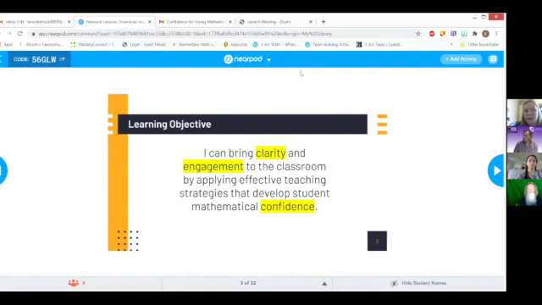Clarity: we want to bring clear and concise learning targets to our students. We want them to be engaged so that they feel that they are learning something meaningful. And then we want to build that confidence. And the effective teaching strategies, as I mentioned earlier, are going to be focused on John Hattie and his effect sizes.